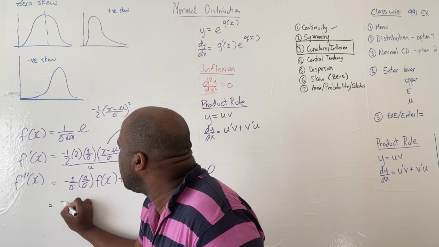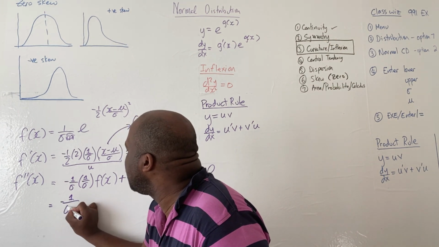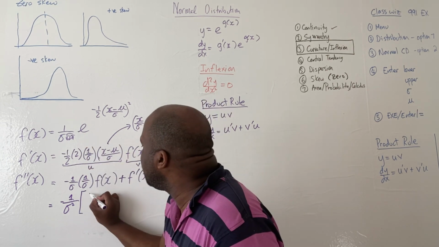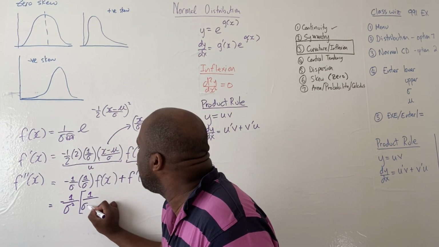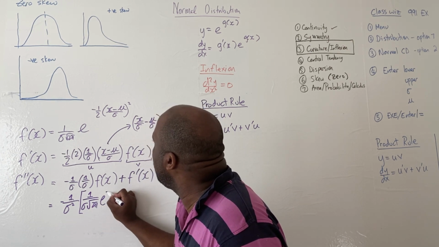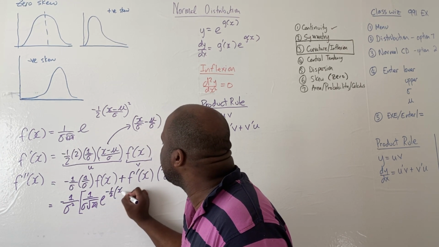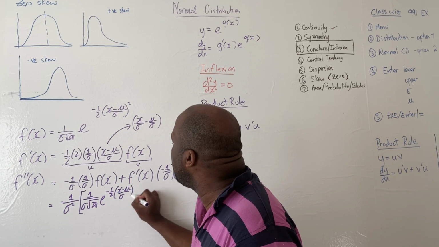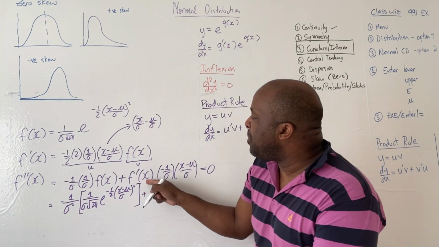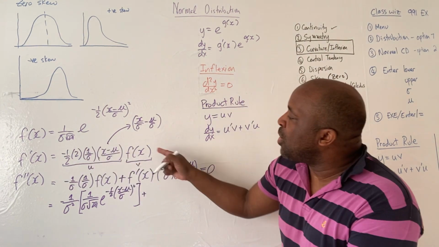So this will be equal to minus 1 over sigma square times f of x, which is 1 over sigma root 2 pi e to the minus a half x minus mu over sigma all square, plus f dash x, which is all of this.